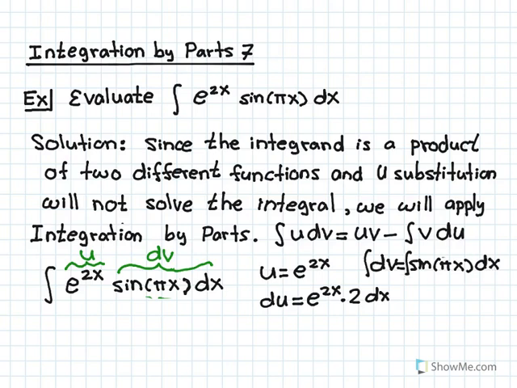Integrate dv to get v. v is equal to, the integral of sine is negative cos, minus cos of pi x, divided by pi. We're reversing the chain rule when we integrate sine of pi x. So we're essentially applying the substitution technique, but because it's easy, we do it mentally. All right, let's put this in a box.